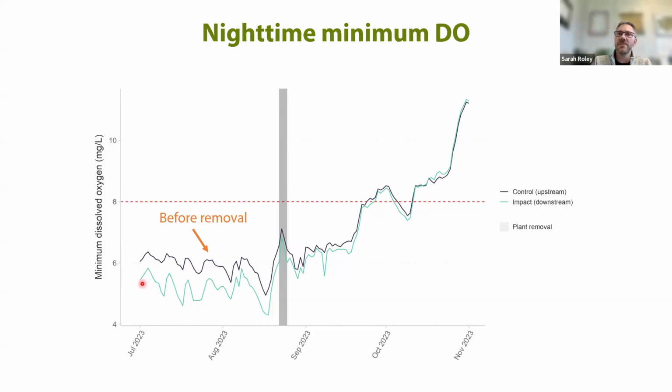The downstream sensor consistently had lower nighttime oxygen than the upstream sensor did. Then we have a section of plant removal here in late August. For the first 3 weeks after plant removal, the two lines are closer together. So nighttime DO at the downstream sensor was closer to nighttime DO at the upstream sensor.